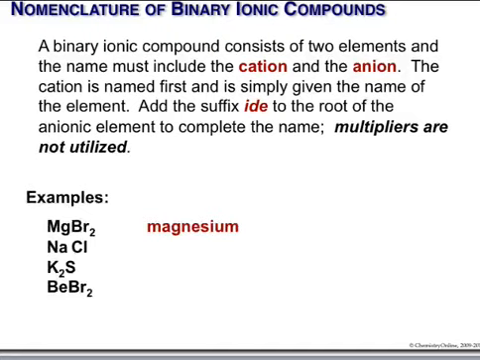Now the second word is going to be your anion. In order to get the name of the anion, you look at your element and decide what the root of the name is. Now this is bromine. The root we're going to use here is brom.